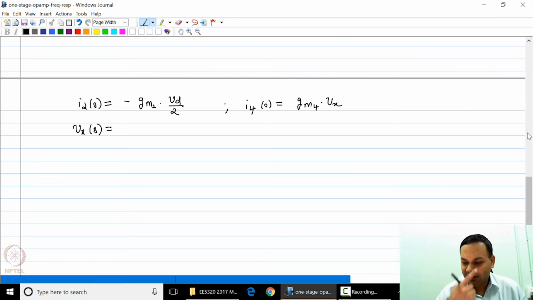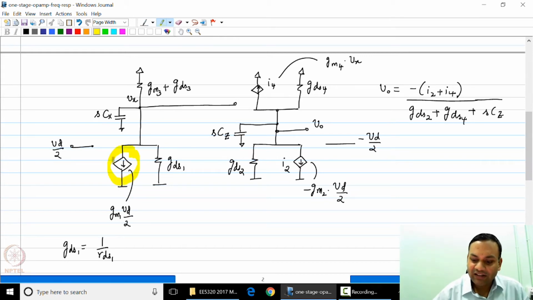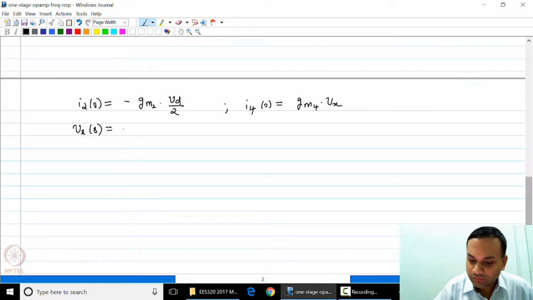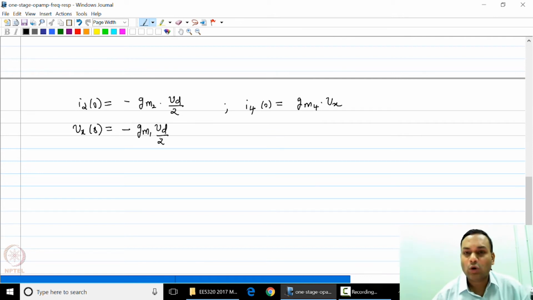Vx of s is clearly equal to this current multiplied by the total impedance at that node with a negative sign. So now I will write this as the negative of gm1 Vd by 2. This is the total current flowing into the node times the sum of all conductances at that node.